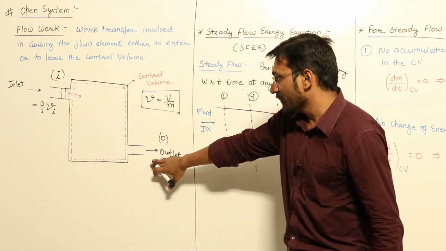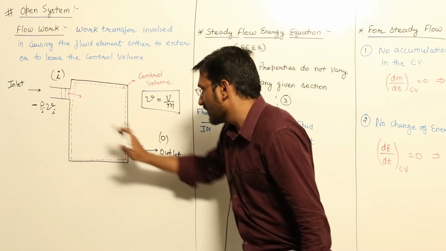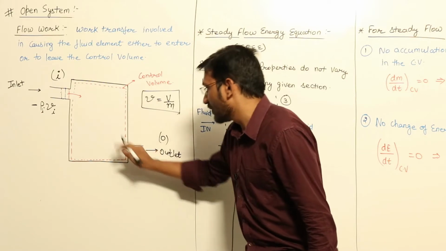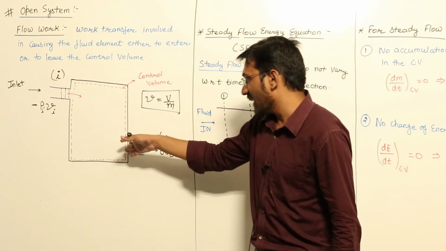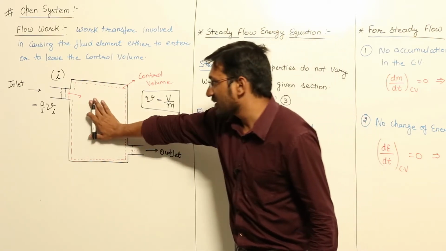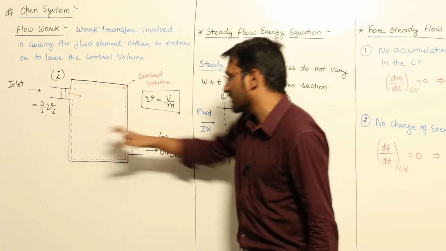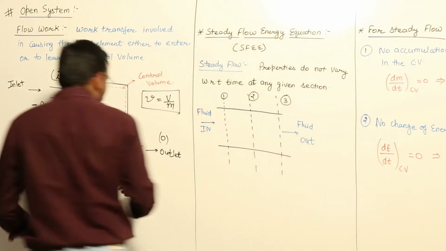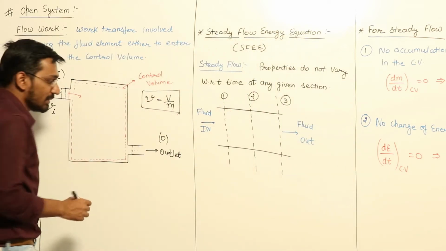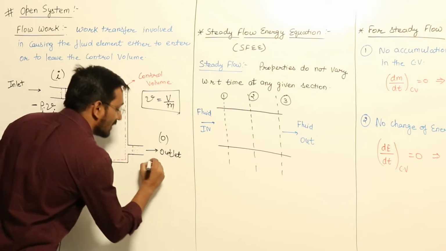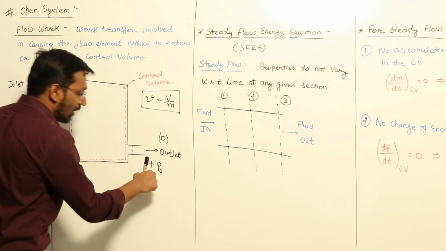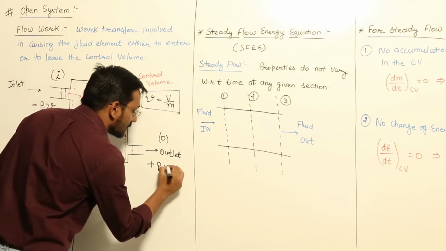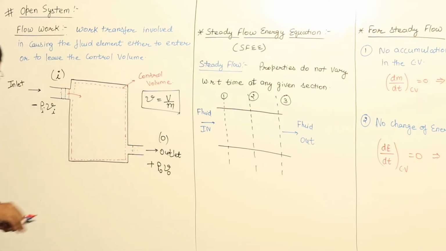So here also the system is doing some work on this layer to push it out of the system, right? It has to push this layer out of the system. So your system will do some work on this layer. So it is work done by the system. If work is done by the system, then that work will be positive and the value will be Po, o is for outlet, into specific volume at outlet, right?